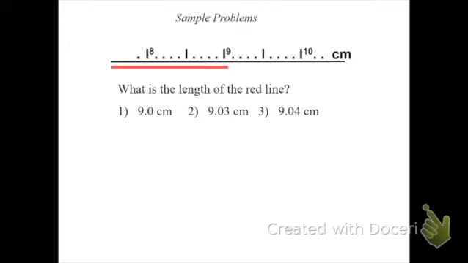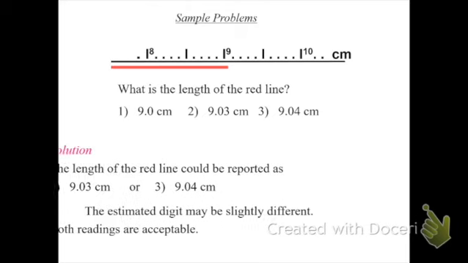So it would be 8.1, 8.2, 8.3. Wouldn't that mean 2 and 3 are right? Yes, you're correct. 2 and 3 are both right. 1 is impossible. Some of you might say, but it would round to that. Yeah, but you don't round. You just read what it is, no rounding.